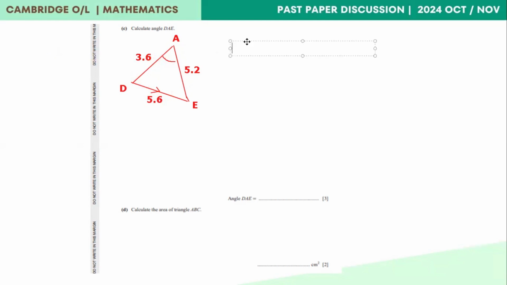The rule is c squared equals a squared plus b squared minus 2ab cos x, where x is the angle. c squared is the length in front of the angle you are searching for, and a and b are the two lengths along the angle.